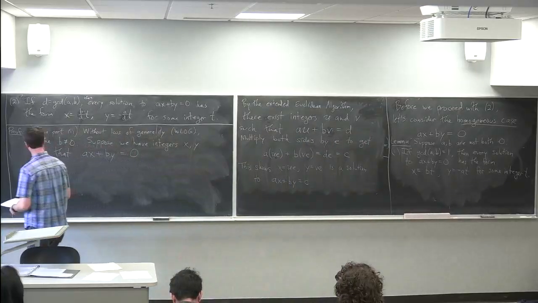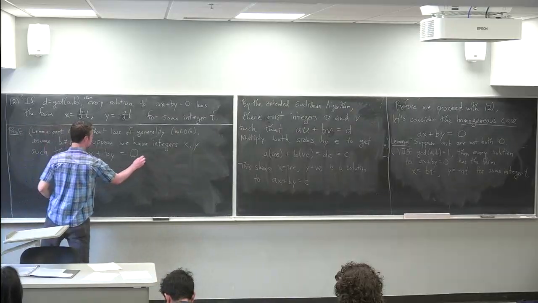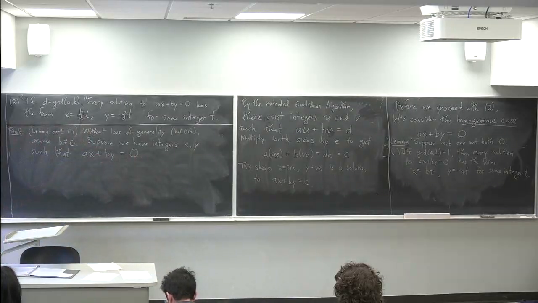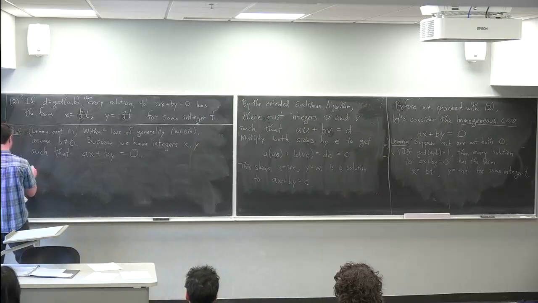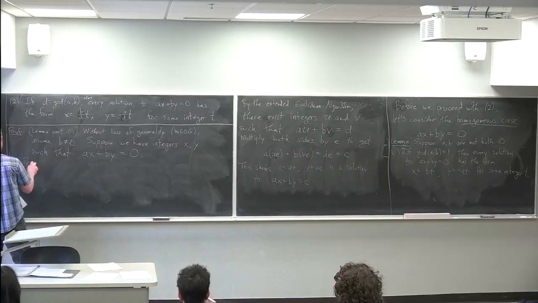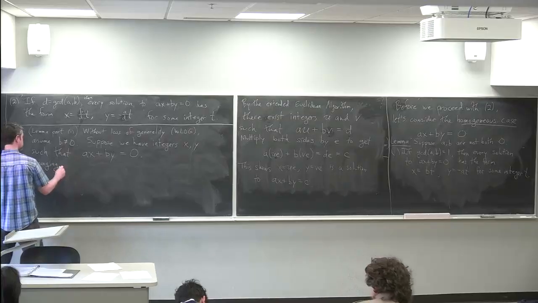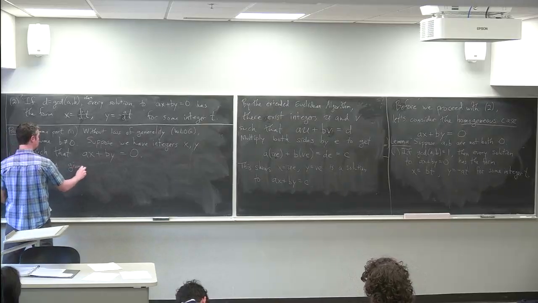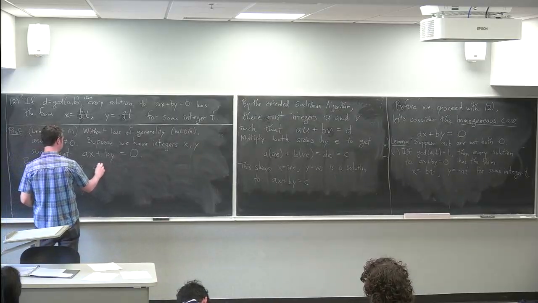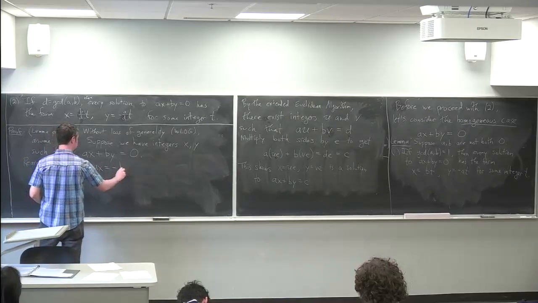Okay, so it follows then from this equation that we know to be true here, we can rearrange it. So rearranging the equation, you could write this as saying that a times x is negative b times y.